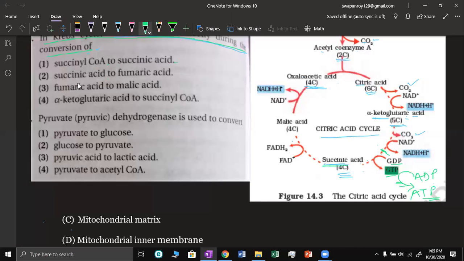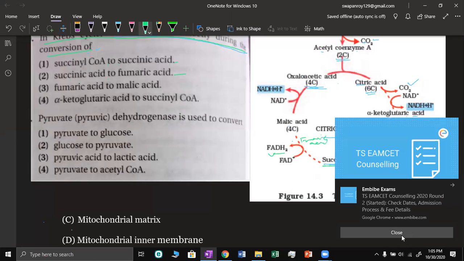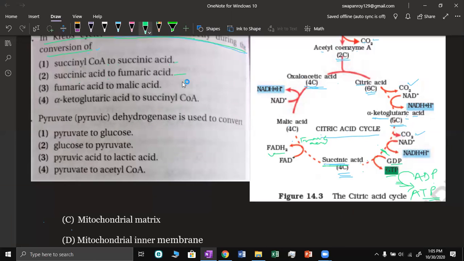Here succinic acid to fumaric acid, during this step FADH2 is produced. Fumaric acid to malic acid, there is no formation of any NADH or FADH2. Okay.